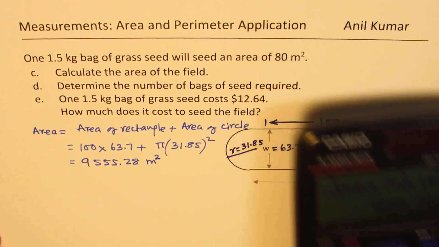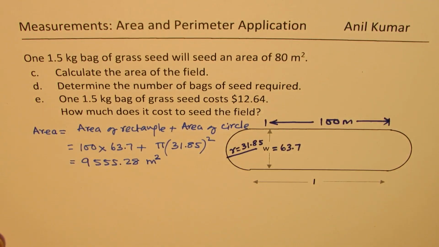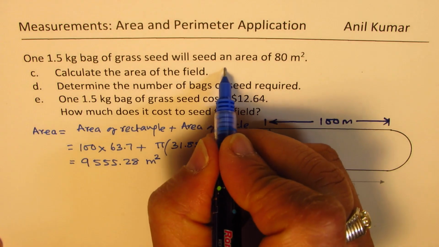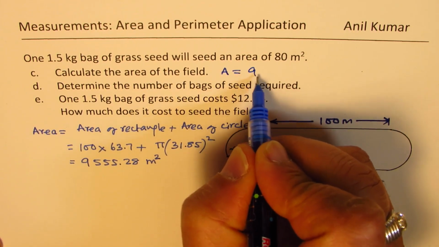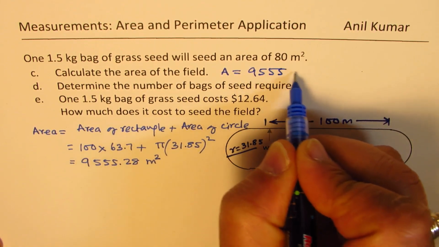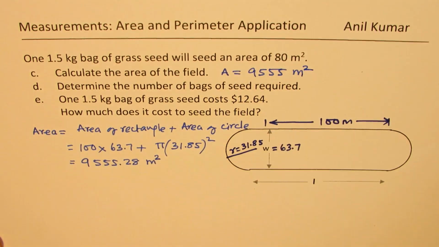So we get 9555 meters square as the area of the circle, right? So we found the area as equal to 9555 meters square, right?